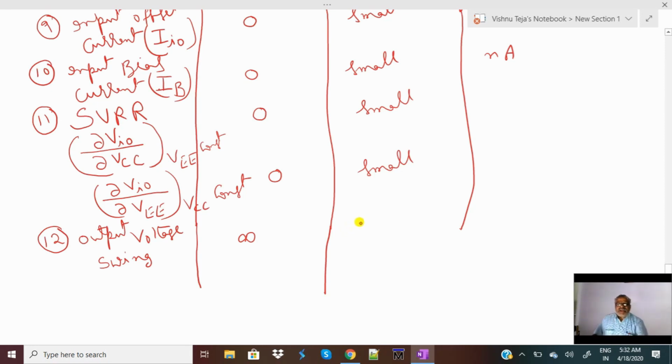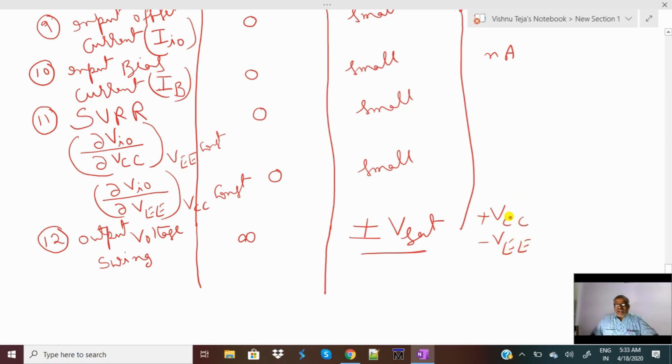For a given practical operational amplifier, its value will always be limited to plus or minus Vsat, where Vsat is the saturation voltage, positive saturation plus Vsat, negative saturation minus Vsat. So always this is the maximum output voltage, because the DC power supply values we are using are plus VCC and minus VEE.